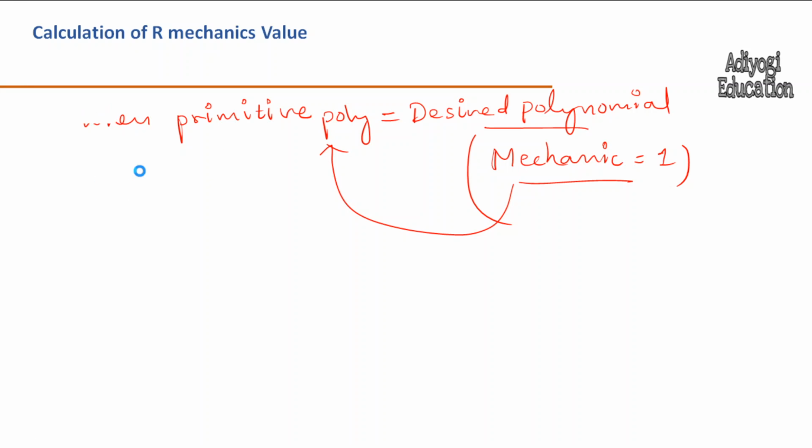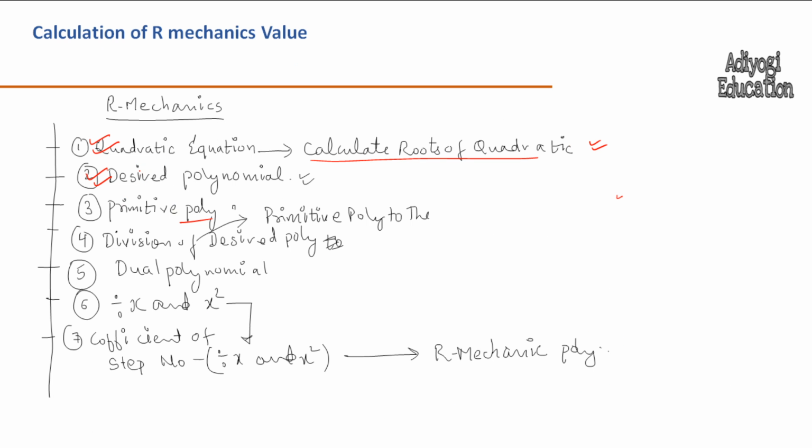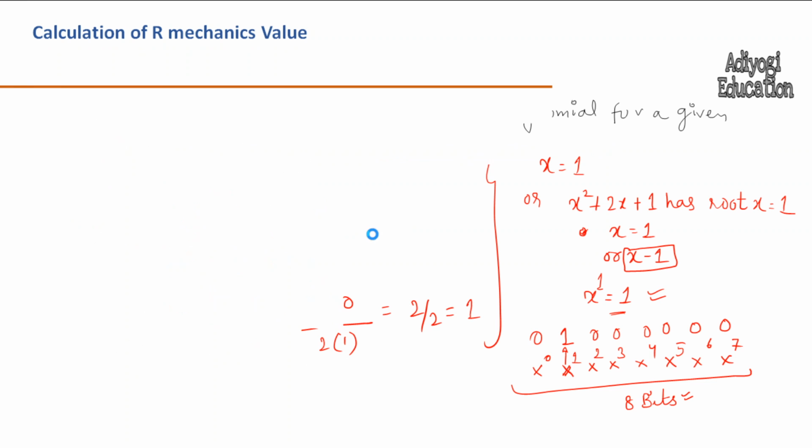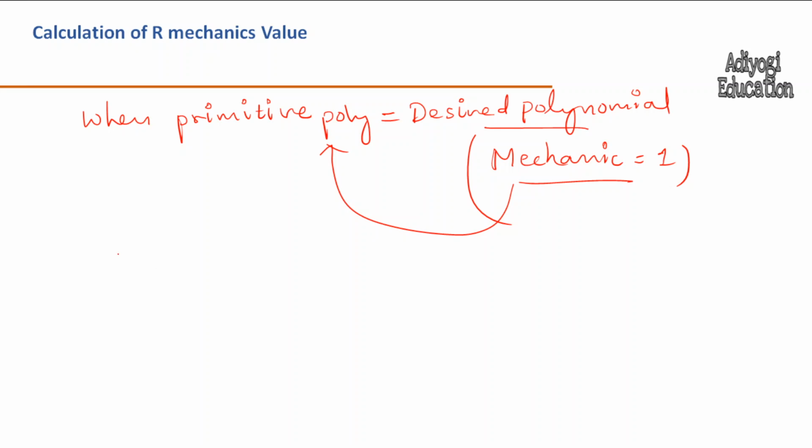Now what's the next step? Let's see the next step. We have the primitive polynomial. Now we divide the primitive polynomial by the desired polynomial. We know it very well. What will be the outcome?